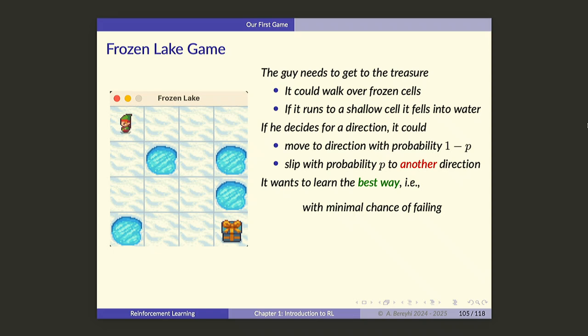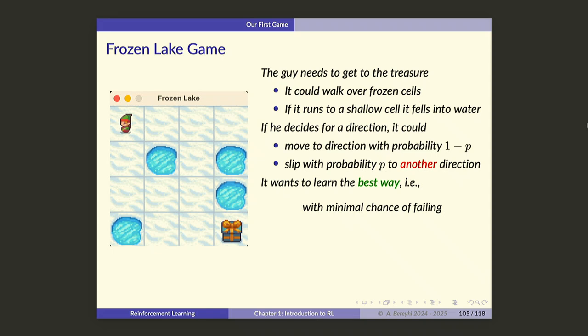But the point here is that each time you decide to move, for instance, if the agent decides to go right, with probability 1 minus p it is going to go in the intended direction, but there is a tiny probability p, and with that, it could just slide in another direction.